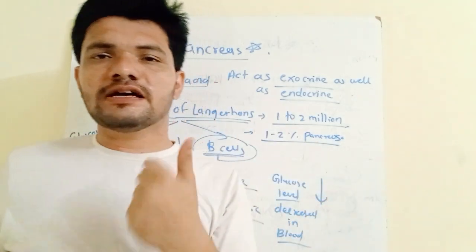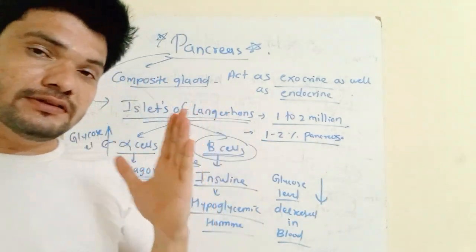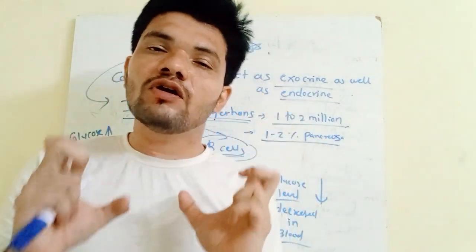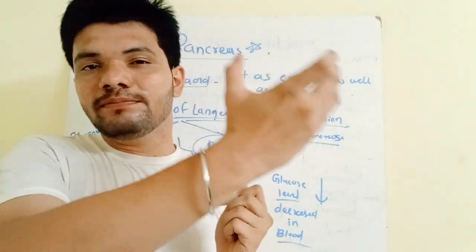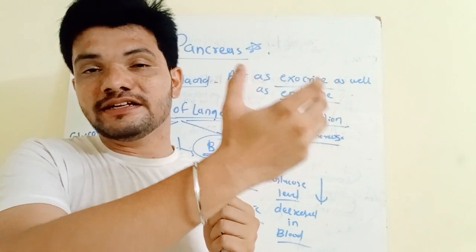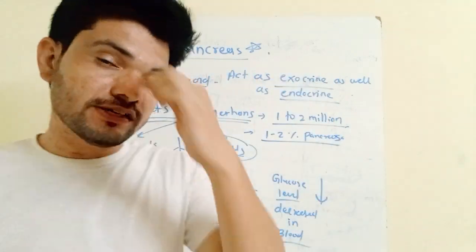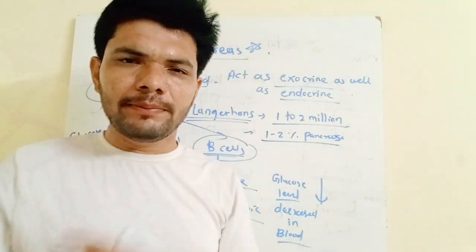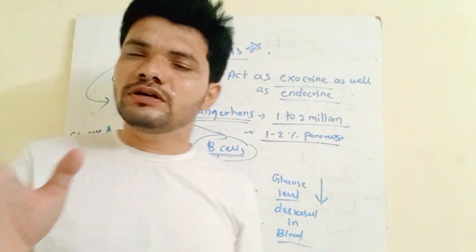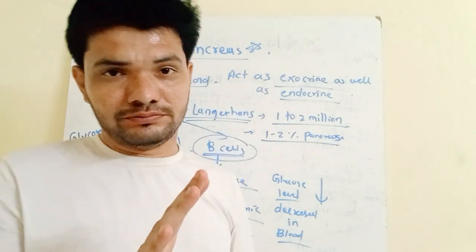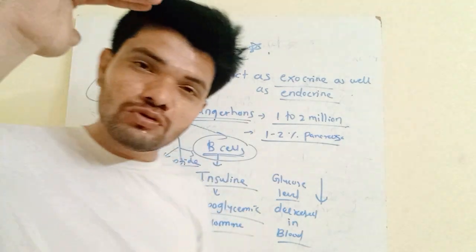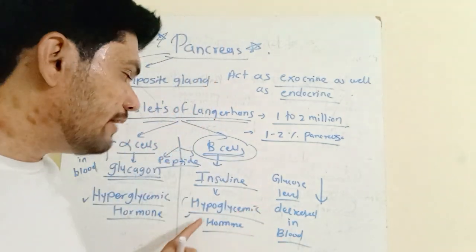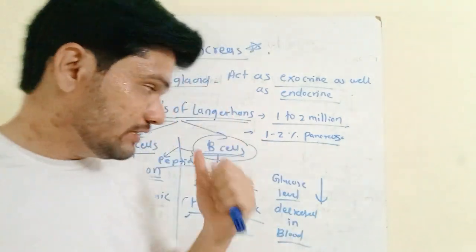Those cells are called adipocytes, and insulin will stimulate the adipocytes' uptake of glucose, so that the extra glucose present in the blood moves from blood to the adipose tissue or hepatocytes, where that glucose will be converted to glycogen, right? So that the glucose level of blood should be decreased. That's why we are saying hypoglycemic hormone, which is insulin.